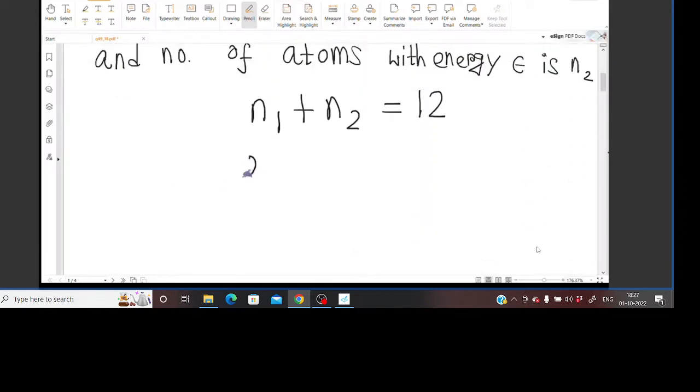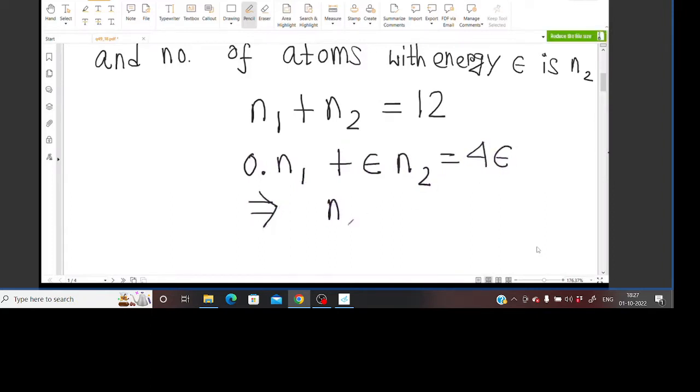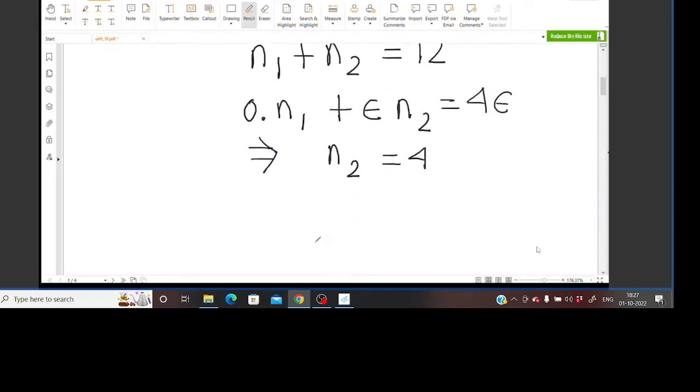So we have 0 into n1 plus epsilon into n2 equal to 4 epsilon. So n2 is equal to 4. Thus n1 is equal to 12 minus n2 equal to 8.